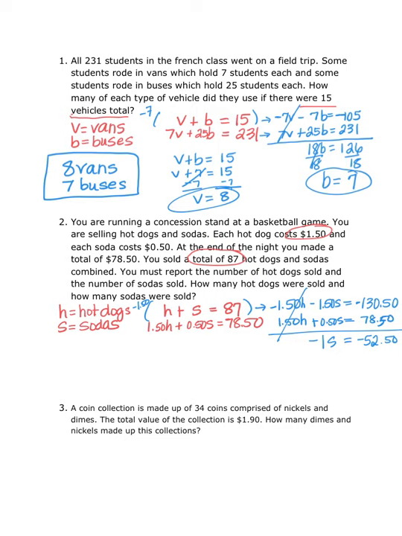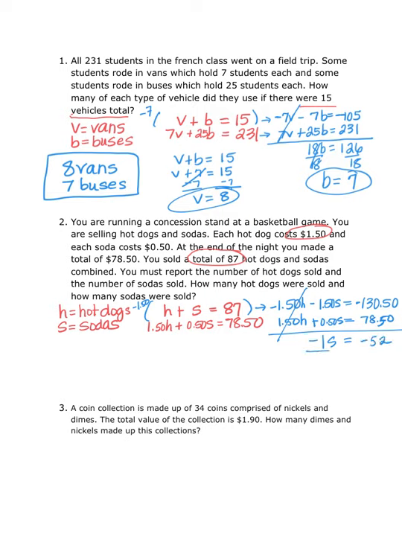No, I did not. Let's back that up. Negative 130.50 plus 78.50 is negative 52. Had that on wrong.